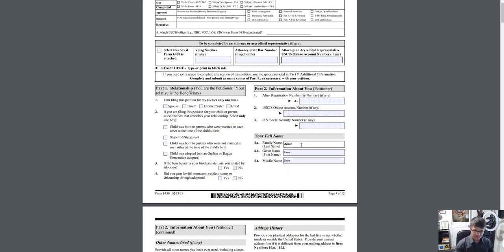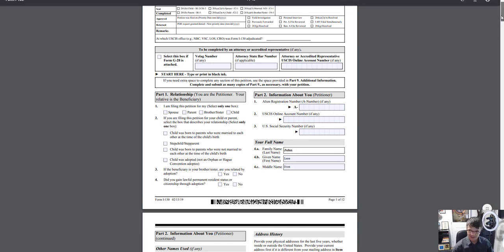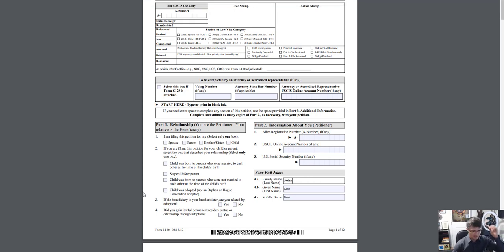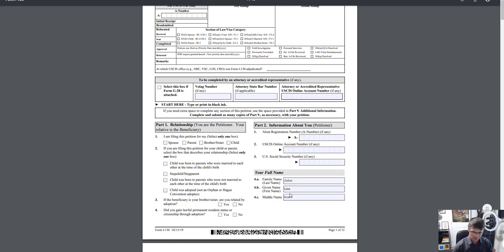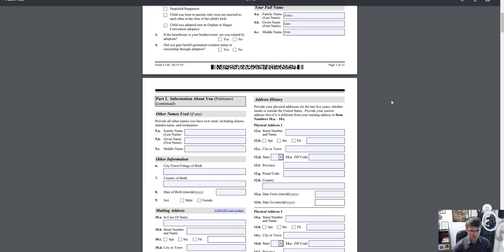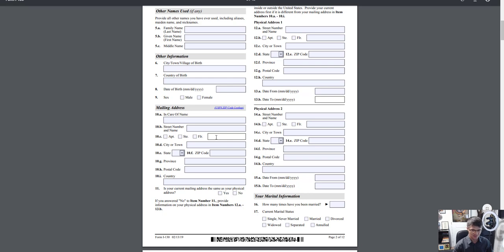Type everything you can on the application in the electronic format, a PDF. Just download a PDF, Adobe Reader or whatever, so that you can open PDF documents, fill it out, and then print it. And then after you print it, if you still need to fill out some things that you weren't able to, like for example this field right here, just write it in nicely with a black ink.